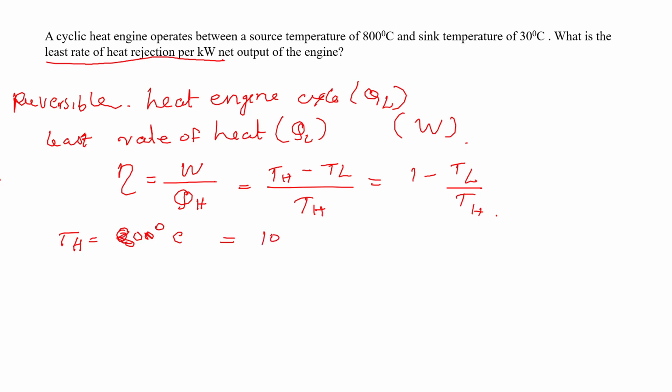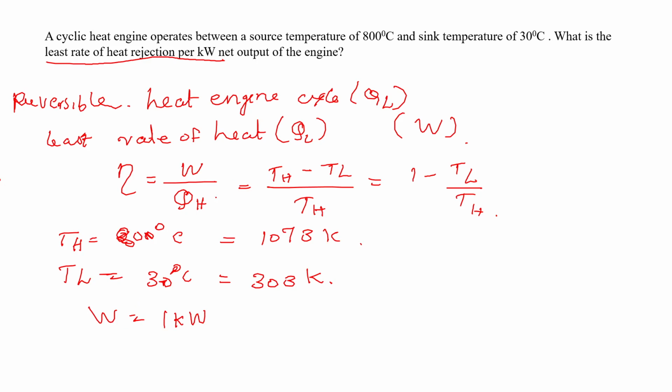So it will be 1073 Kelvin. TL is 30 degrees Celsius, that is 303 Kelvin. The work done is given as per kilowatt, so W will be 1 kilowatt.